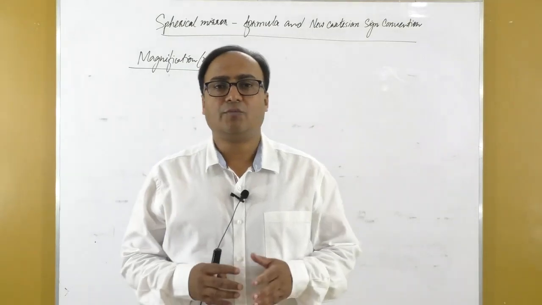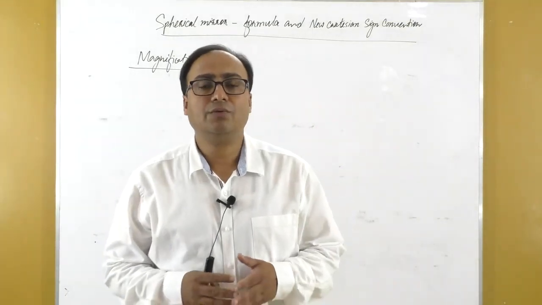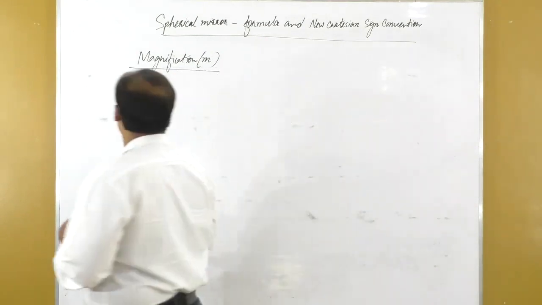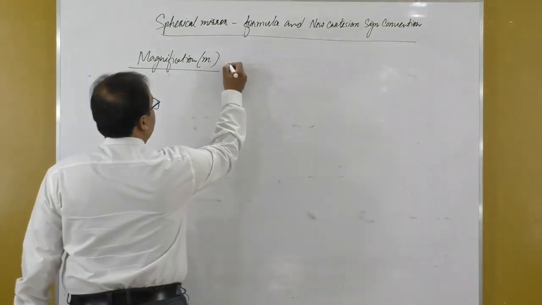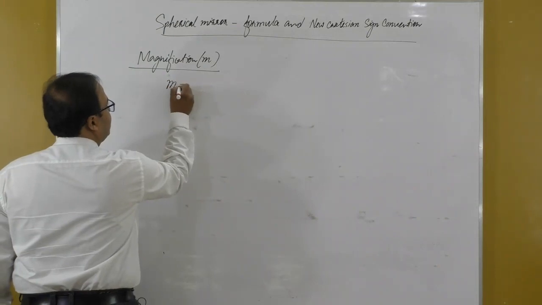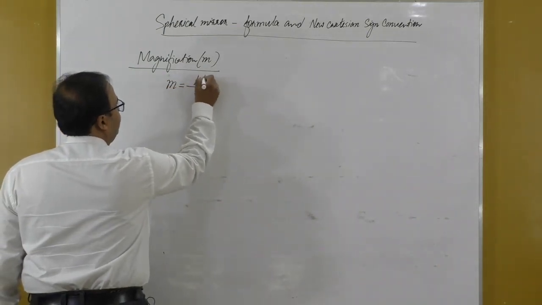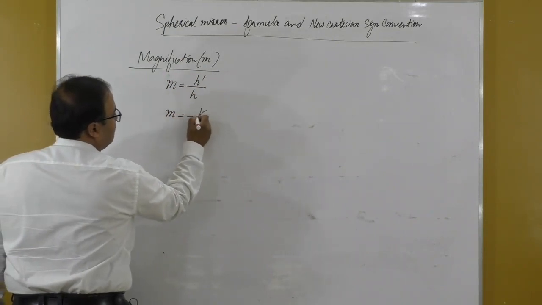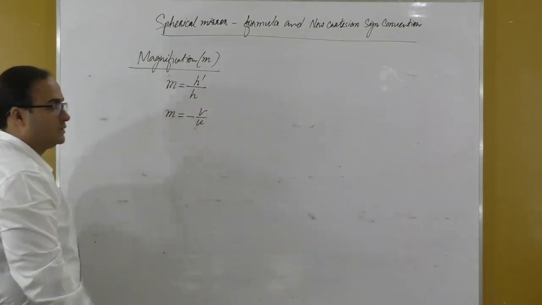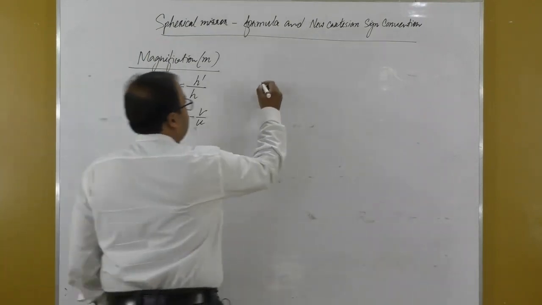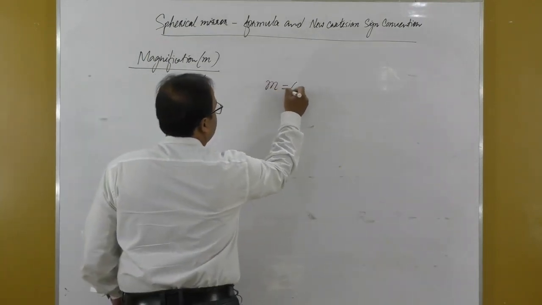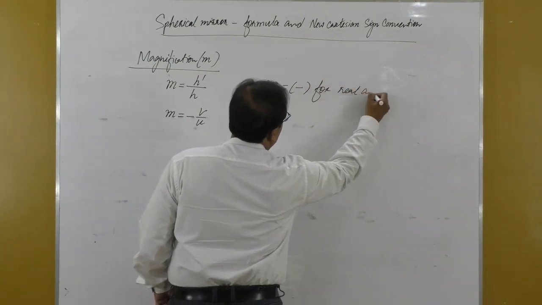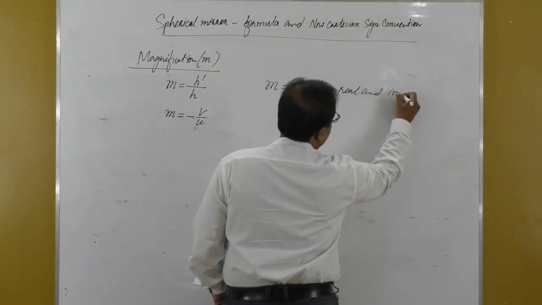In this part, I am going to discuss how to apply new Cartesian sign convention for magnification. So magnification, we already know, is the ratio between size of image to the size of object. Another formula, m equals to minus v by u for spherical mirrors. And you should know that m is negative for real and inverted images.